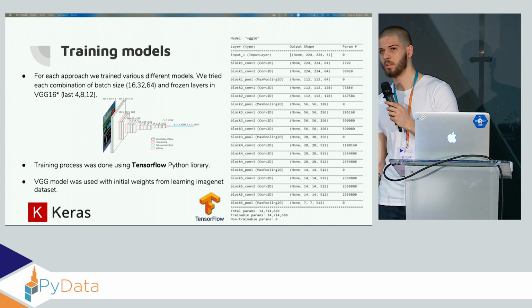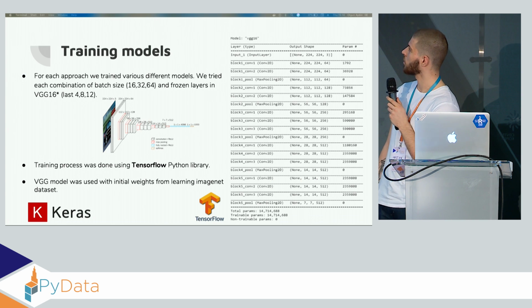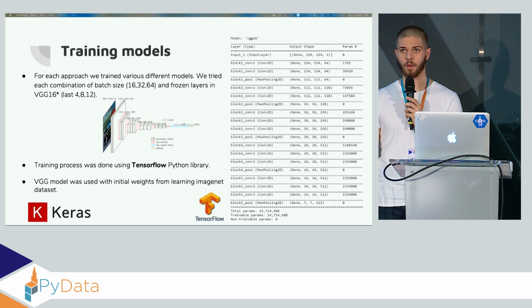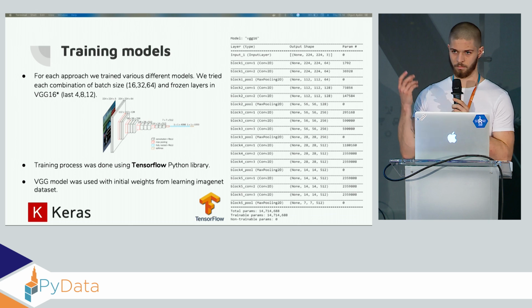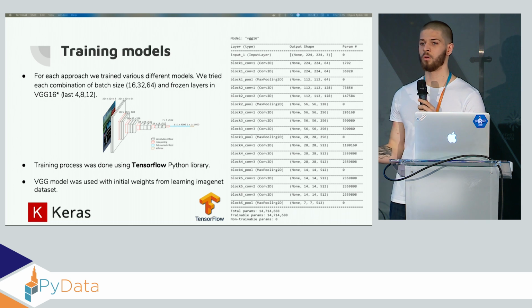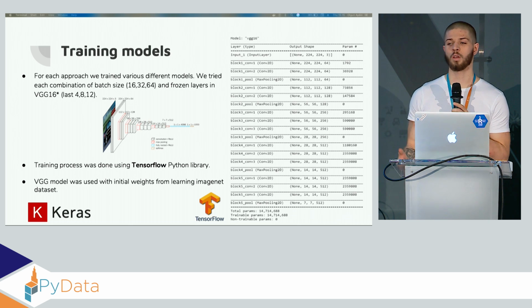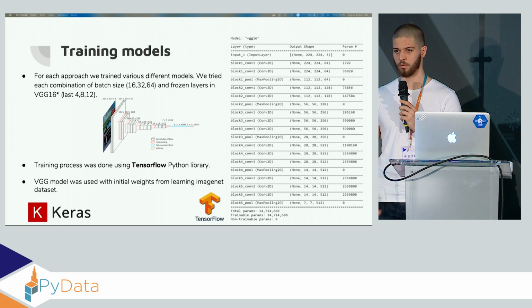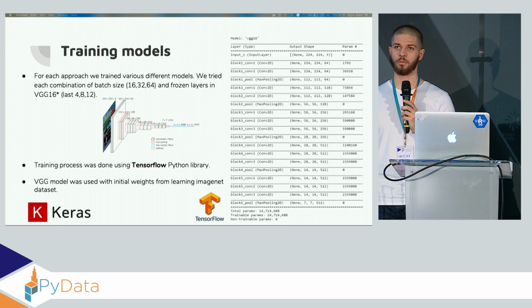So this is how the architecture of VGG16 looks. We didn't try VGG16 as a whole. We tried to freeze a couple of layers of this model. So we tried freezing the last 4, last 8, and last 12 layers of the model.